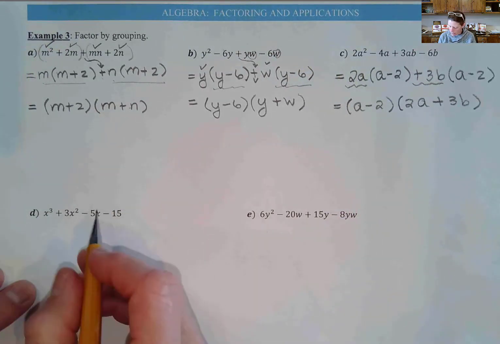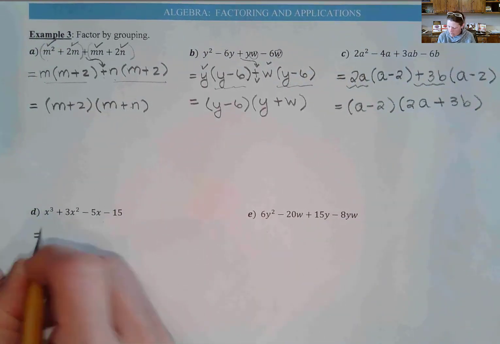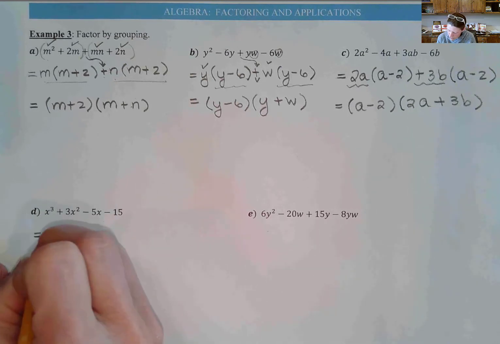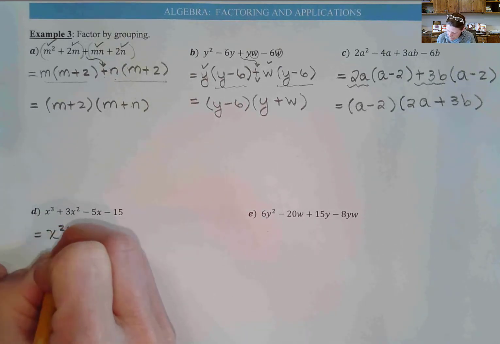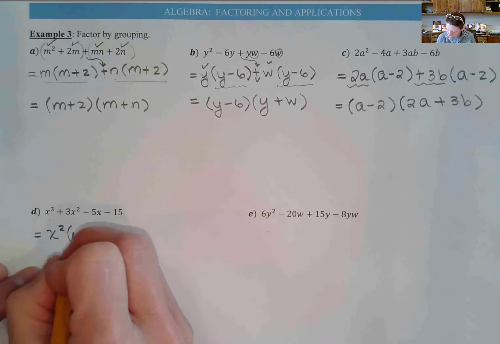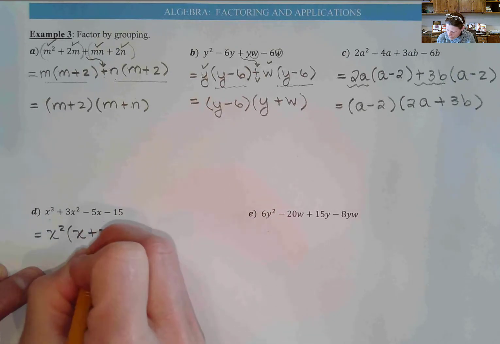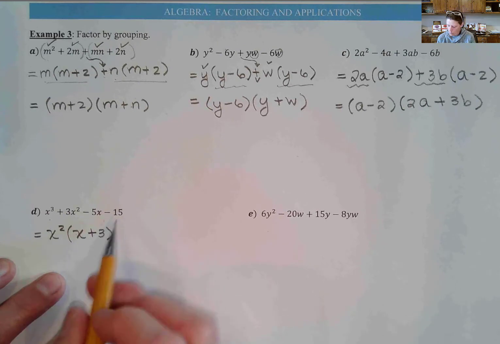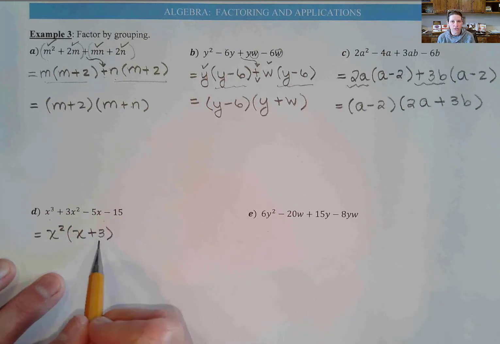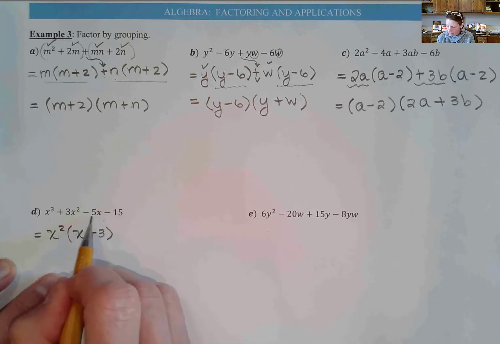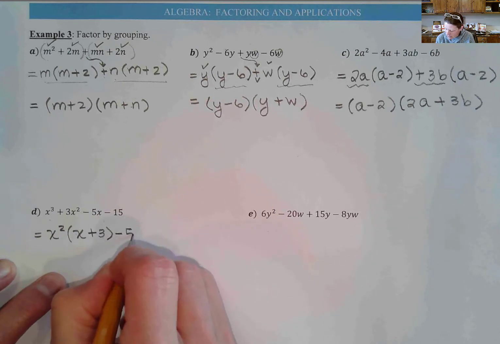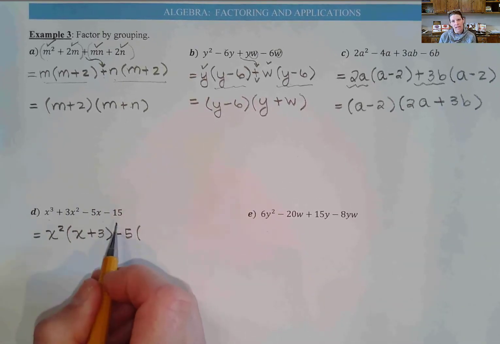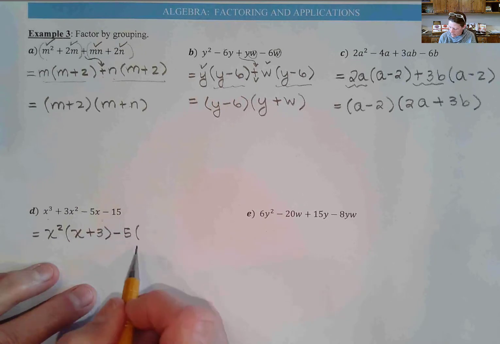Two more here, part D. Common factor of our first 2 terms, x squared times x plus 3. Now with our second 2 terms, as we factor, we want to repeat a positive x plus 3, don't we? So we're going to factor out negative 5 and pull that negative symbol with the 5, okay?